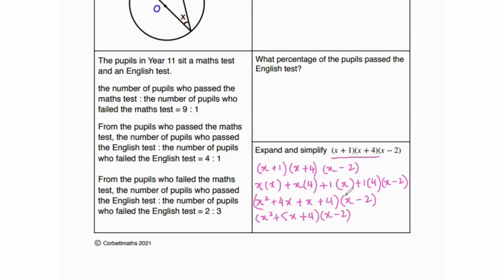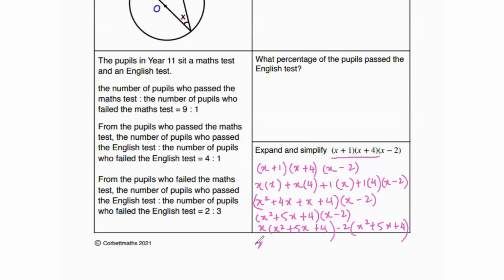Times x minus 2. Now we multiply the third bracket with this expanded bracket. So we're going to do x times x squared plus 5x plus 4 and then minus 2 times x squared plus 5x plus 4.